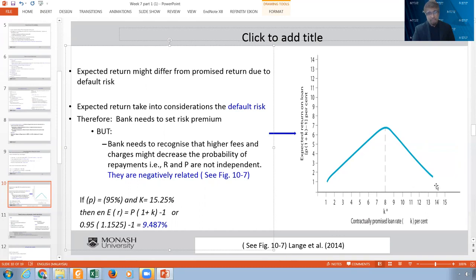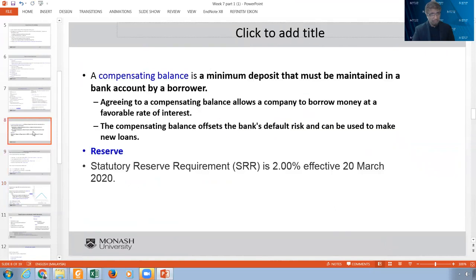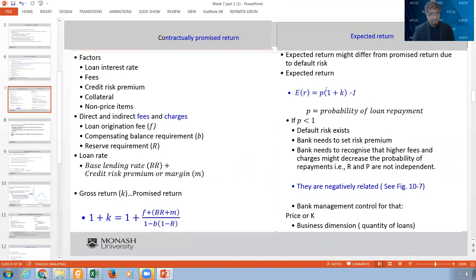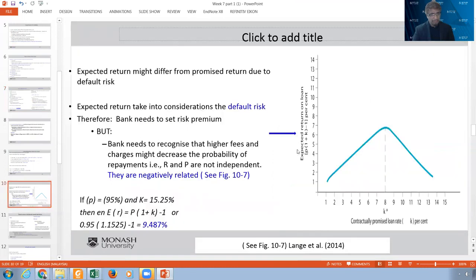But actually, if you look at this, this is the defaulting. This is the probability of payment, which is this formula, which is the expected return. As you can see, the formula is here.